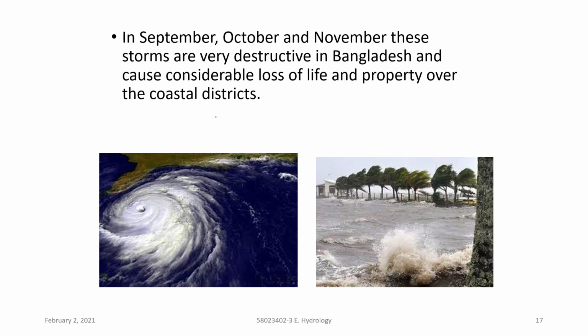In September, October and November, these storms are very destructive, especially in Bangladesh and nearby regions, and unfortunately cause considerable loss of life and property over the coastal districts.